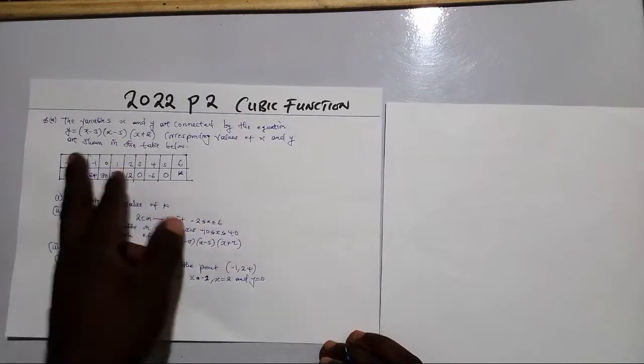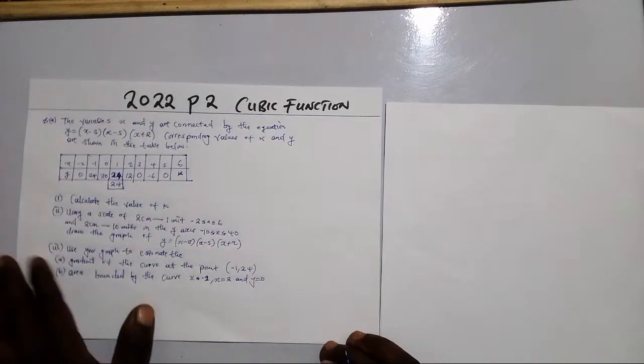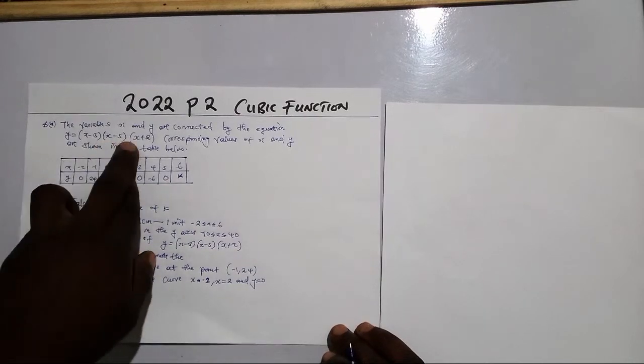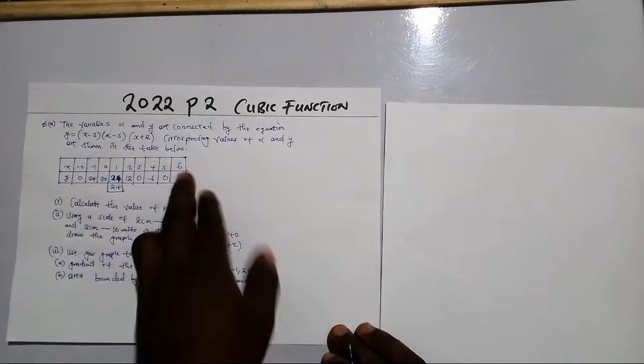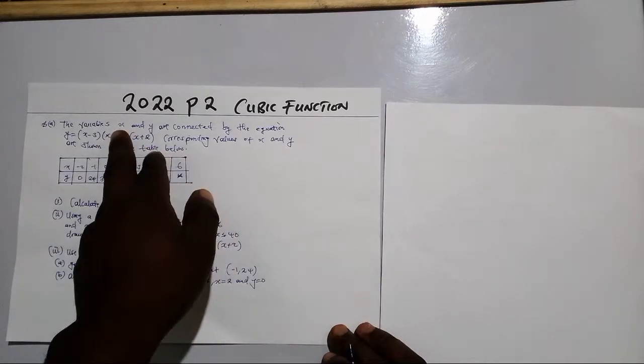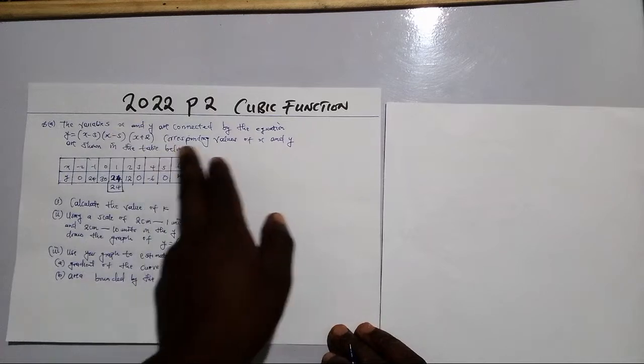This is a cubic function, because when you multiply x times x, x squared times x, it is cubed.